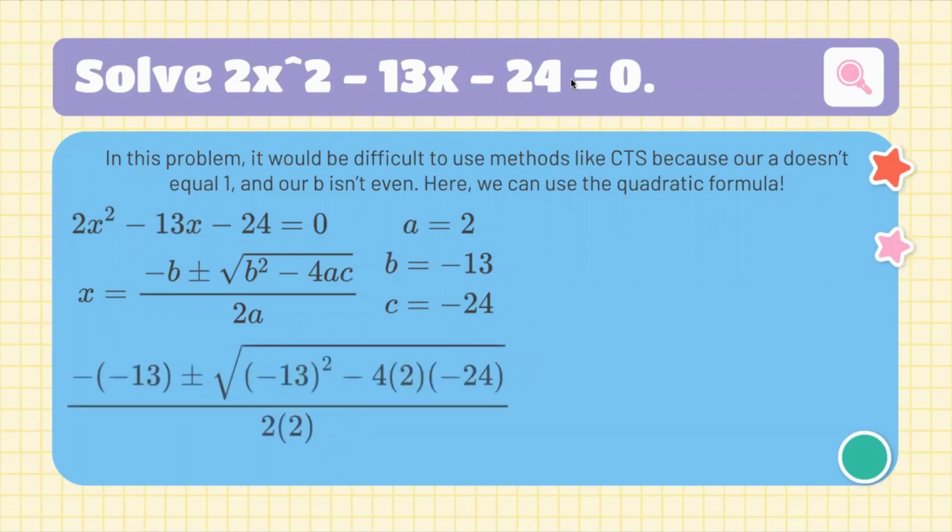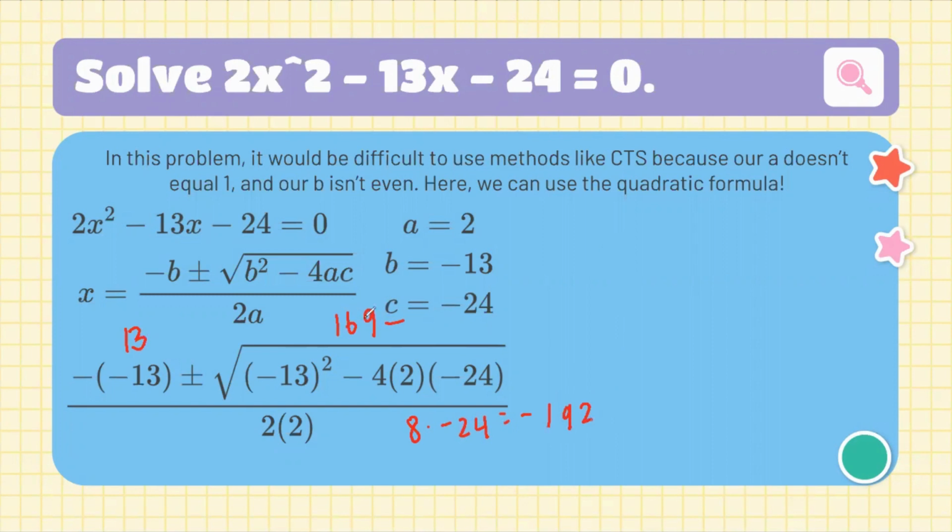So first, I'll simplify negative times negative 13, which would just be positive 13. As for the calculations inside of your square root, negative 13 squared is just positive 169, and then minus 4 times 2 would be 8 times negative 24. 8 times negative 24 would give you negative 192.